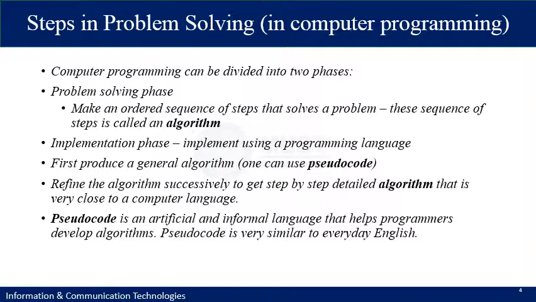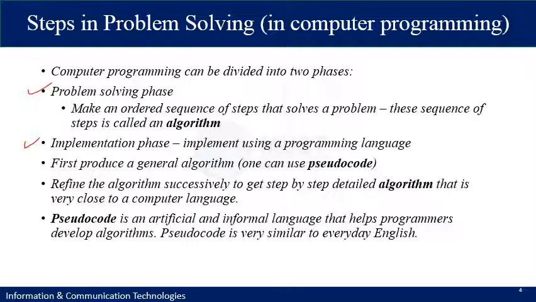As I have mentioned earlier, problem solving usually consists of a number of steps to achieve the desired goal. These are called the steps or sequence of steps in your algorithm. Computer programming can be divided into two phases. The first one is the problem solving phase and the second one is the implementation phase.